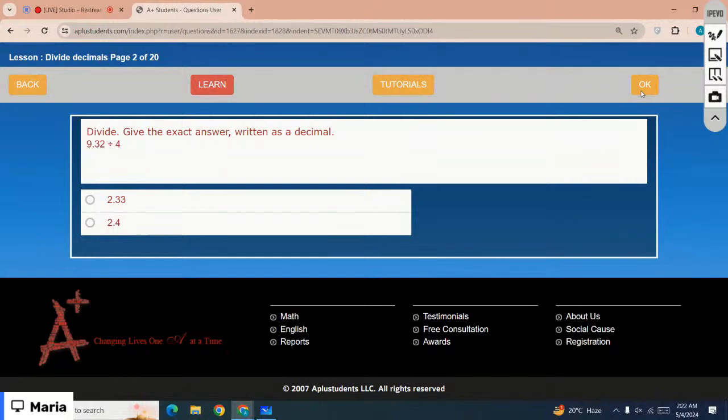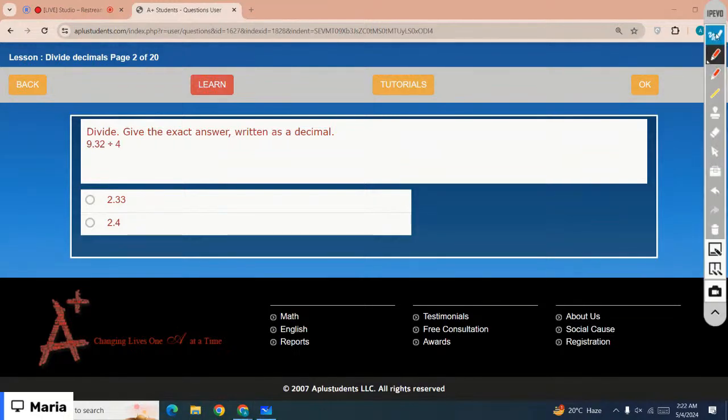Divide 9.32 divided by 4. Let's just see how we divide, right? 9.32 divided by 4. 4 times 2 is 8. 9 take away 8 is 1. You cannot divide 1 by 4, right?